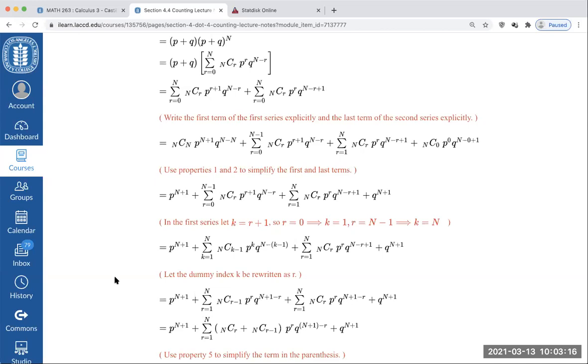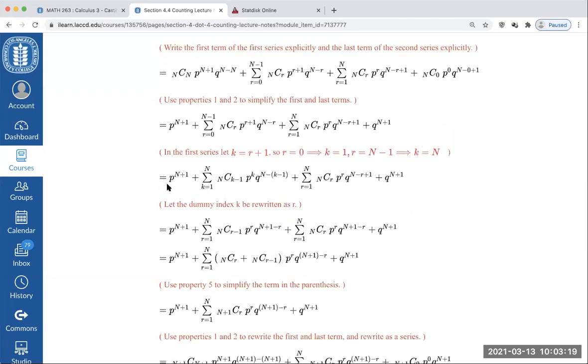So now, let's rewrite the first term. The first term remains the same, this is P to the capital N plus 1. The last term remains the same, Q to the capital N plus 1.